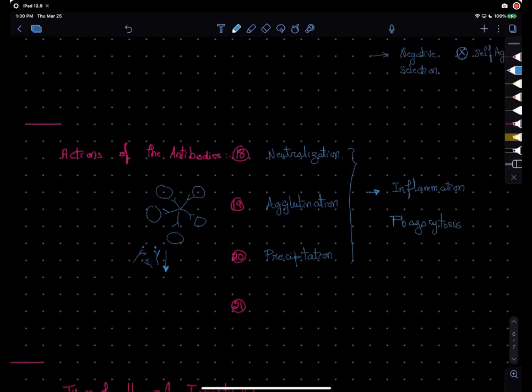What's another highly critical function here of the antibodies? Fixation and activation of what? What am I fixing and activating? Complement. All right, so complement, if you remember, what triggered the complement?